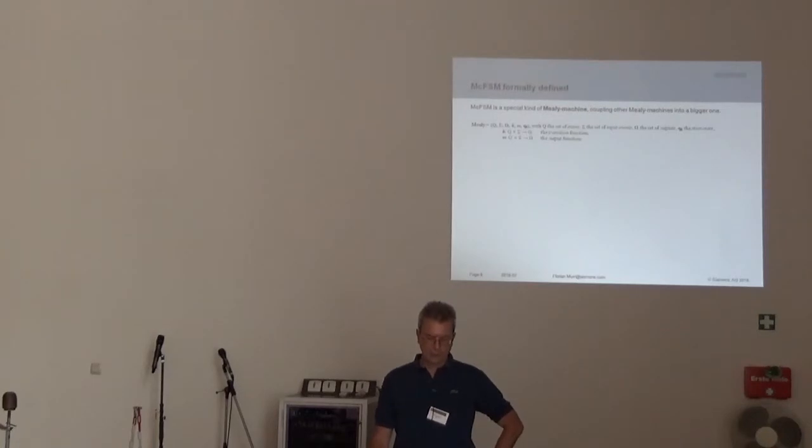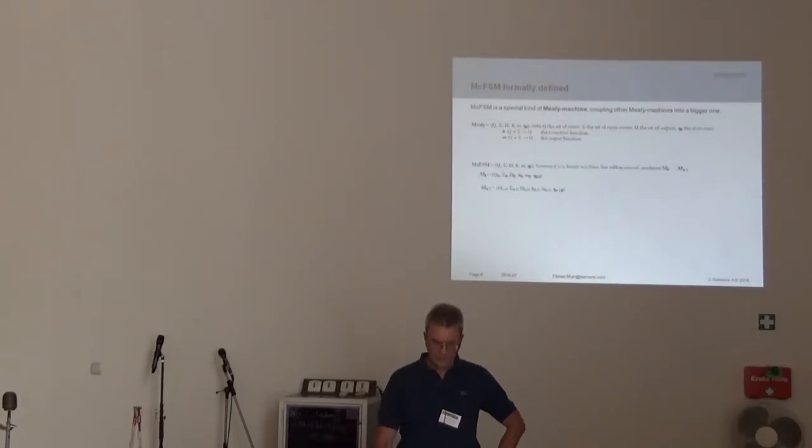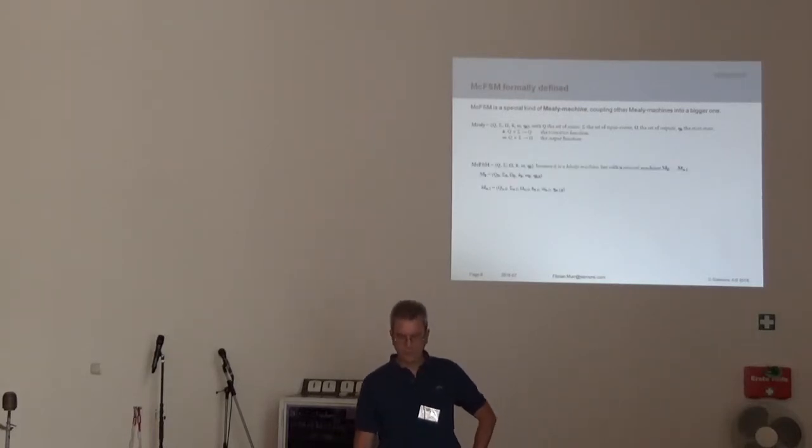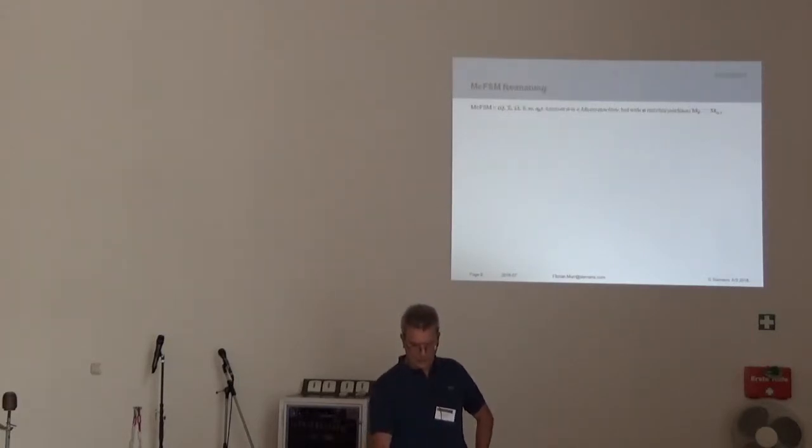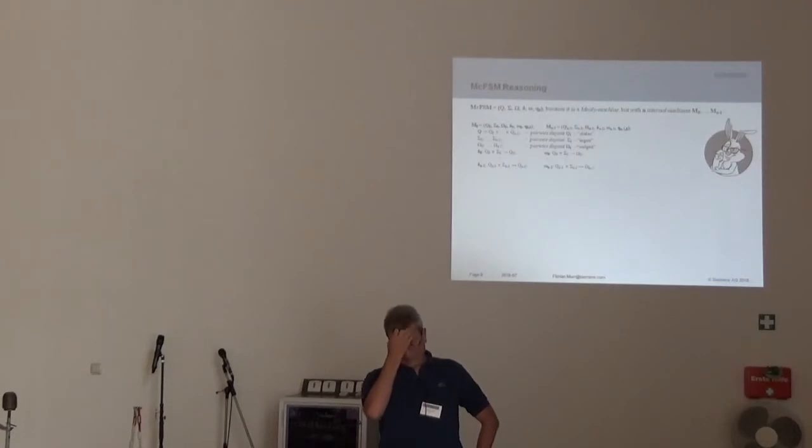And the omega function gives you an output for each of these transitions. McFSM is really the same. It is a Mealy machine, but it has n internal Mealy machines, and these Mealy machines have to be connected. That's how a McFSM looks if we look into it.